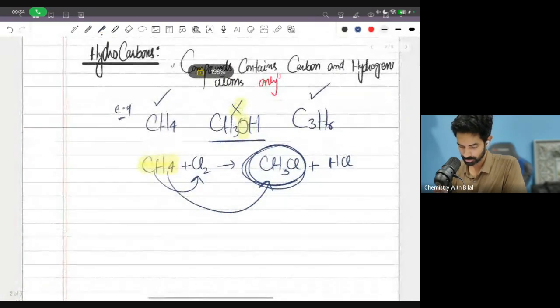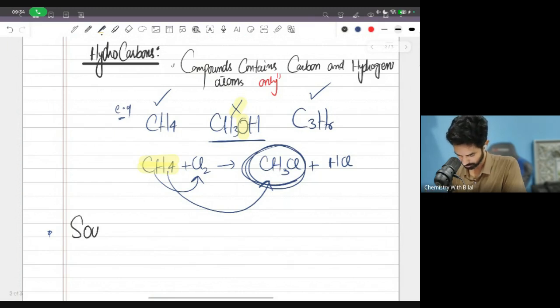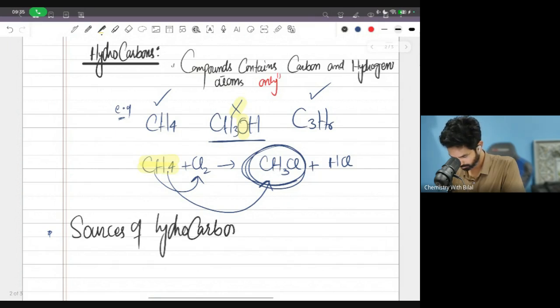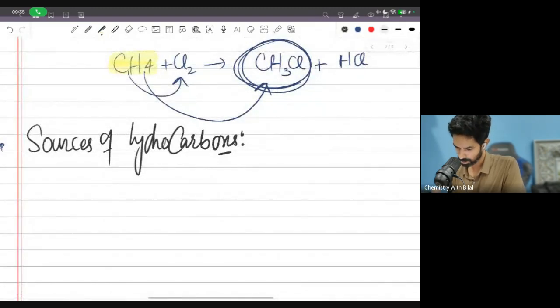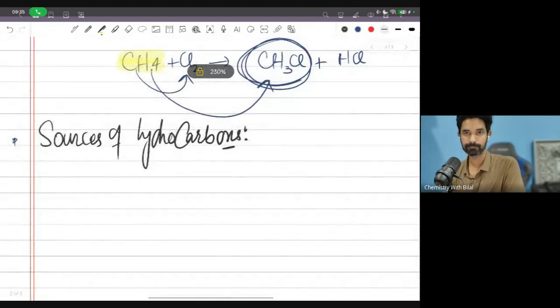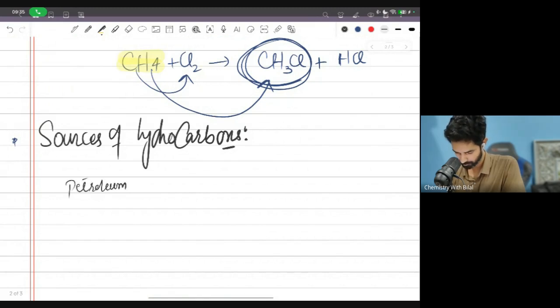Now, what is the source? Where do these hydrocarbons come from? Sources of hydrocarbons. The biggest source of hydrocarbon is petroleum, which we can also call crude oil.